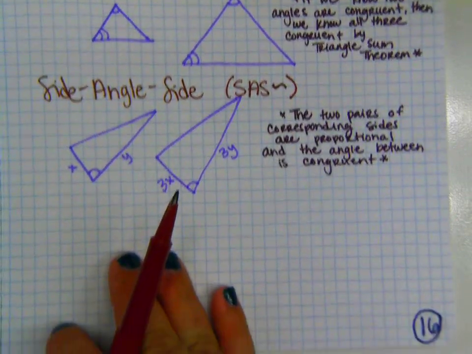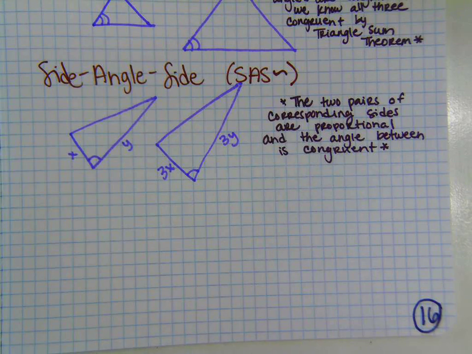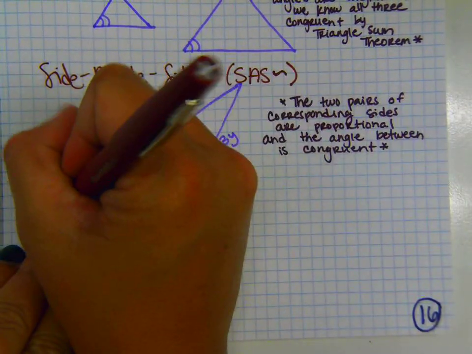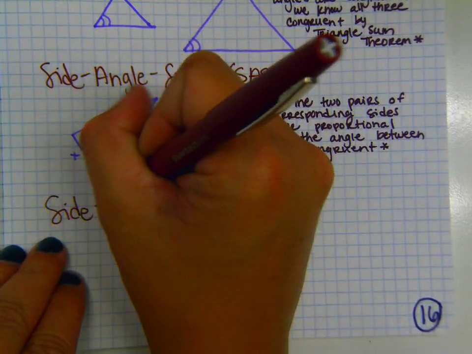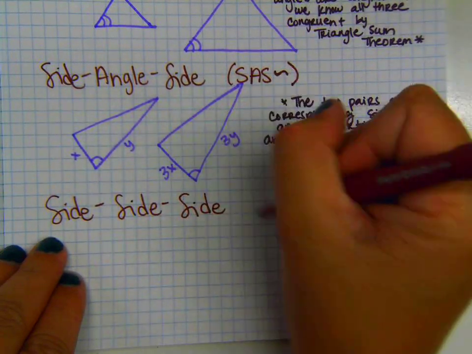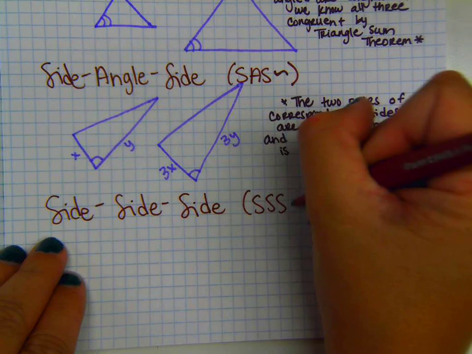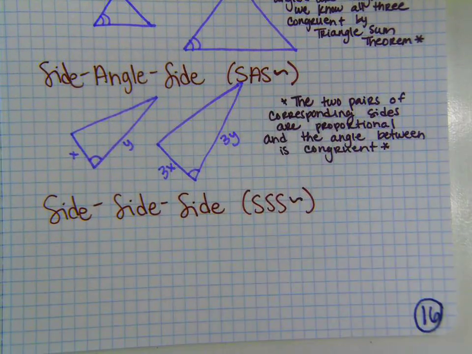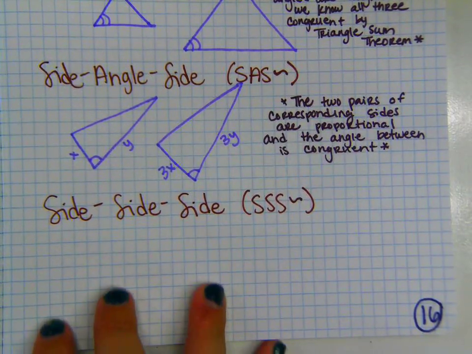And then the last similarity theorem that we have is side, side, side. And again, this is side, side, side similarity. It's not congruent. So that does not mean that you have three sides congruent.